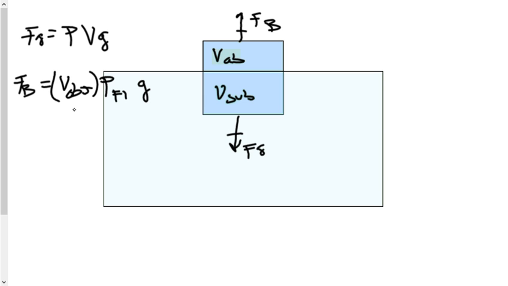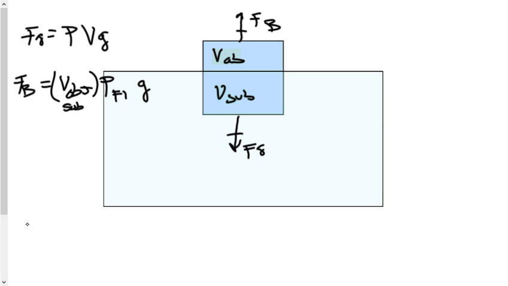So these were all of the object here. This is the volume of the object. Now we want to specify this. This is going to be the volume of the object submerged, because the amount of object submerged is what displaces the water. Okay, so we can set these two equations equal to each other, and I'll use a better subscript so we can figure this out.